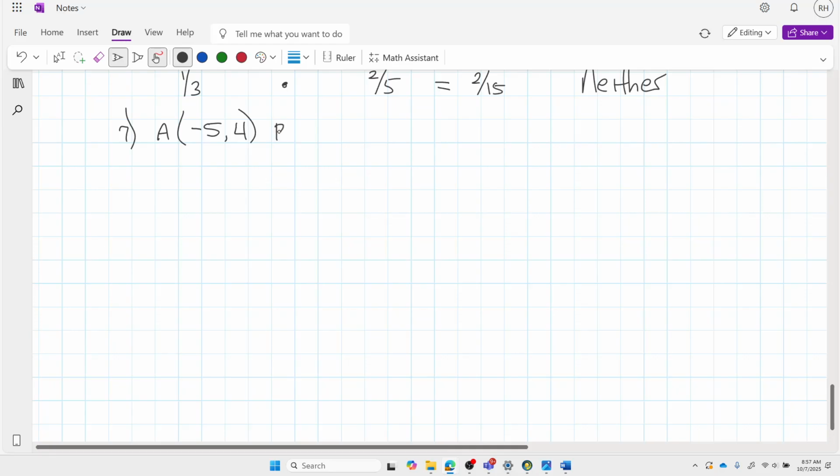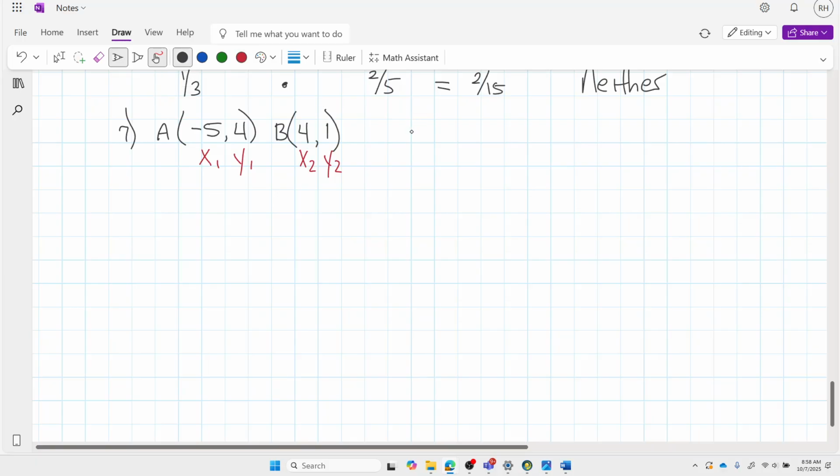And point B is at x value of point B, 4. And the y value of point B, +1. So that is your x sub 1, y sub 1, x sub 2, and y sub 2 for the first line, for line AB.